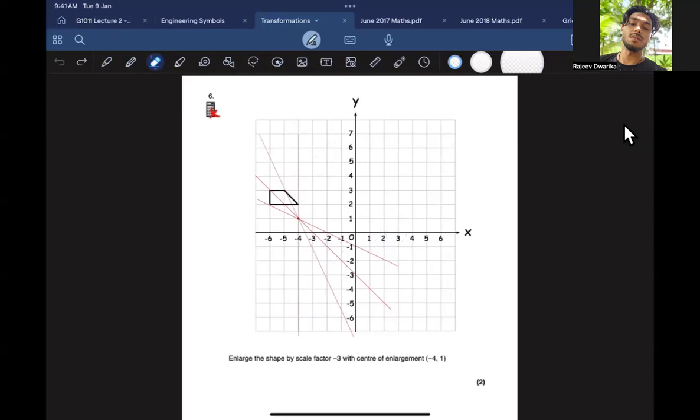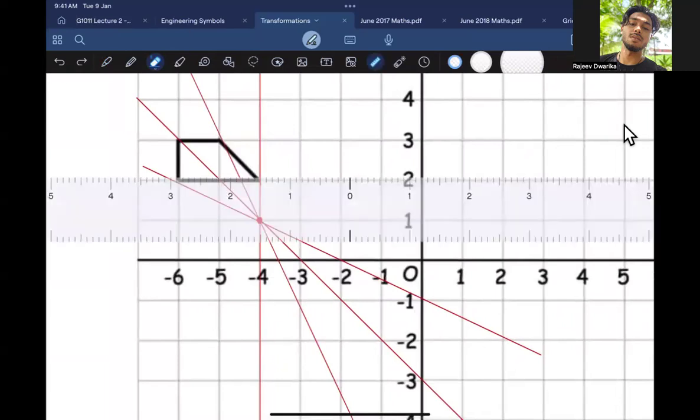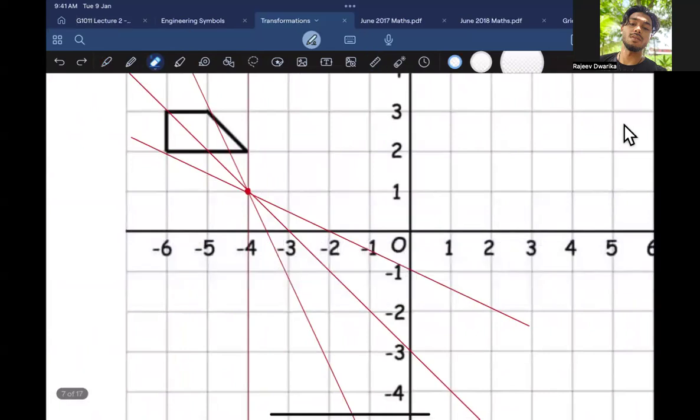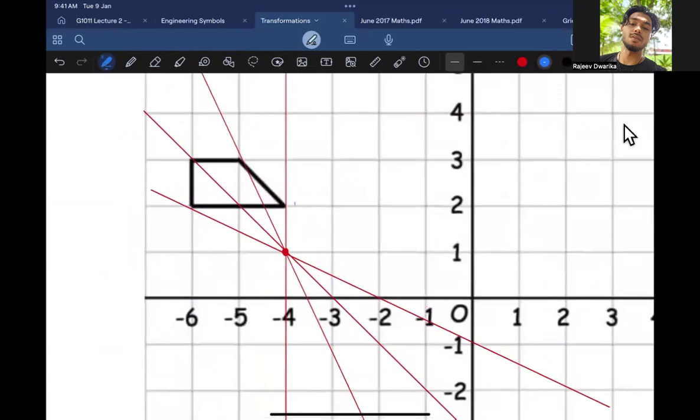Okay. And now we could start measuring. So let me take a measurement. Let me just label our sides. Let me call this side A, B, C, D. What is the length from the center to A?